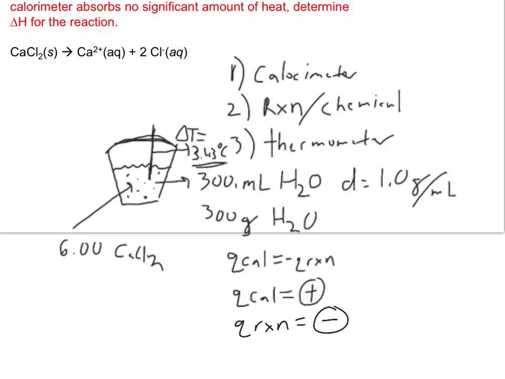And there are two formulas for Q from chapter 5. Q is equal to mcΔT. This is often used when you have a specific heat capacity that's known. It has a mass term. And then there's Q equals C_cal ΔT. This equation is often used for your calorimeter.